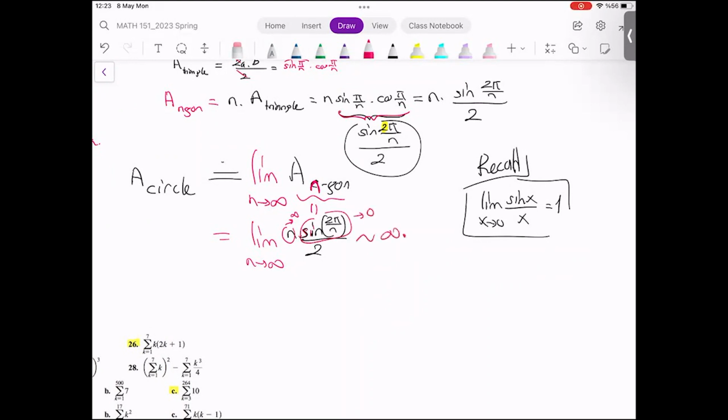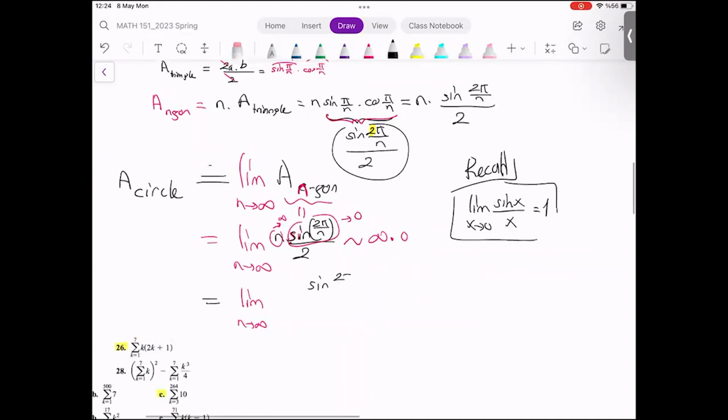That's why this part, sine 0, is 0. So in this form it is an indeterminate form. So we need to invent something to get rid of this indeterminate form. And you can do it like that. Limit as n goes to infinity: you can take that n coefficient to the denominator and see what happens. 2 over n. I will just write n in the denominator as 1 over n.